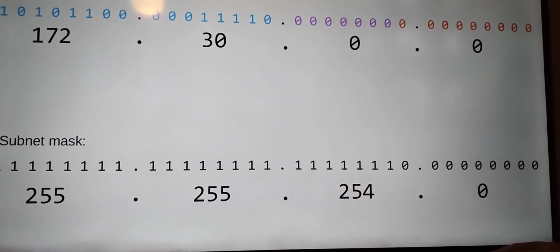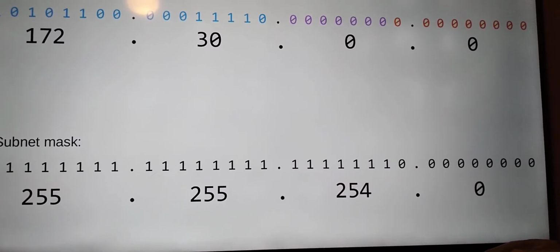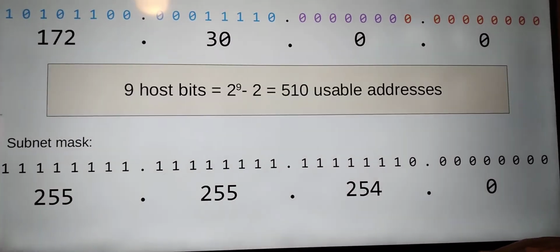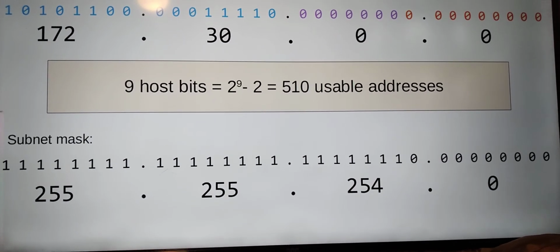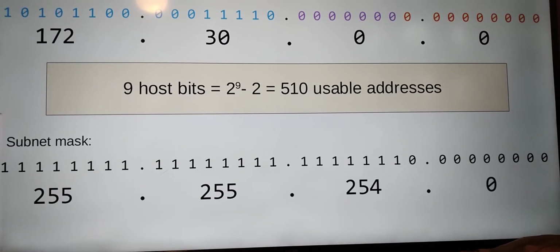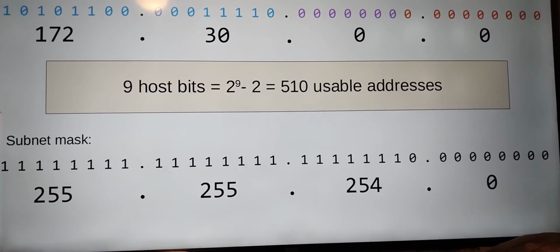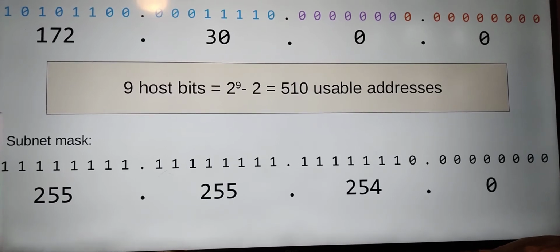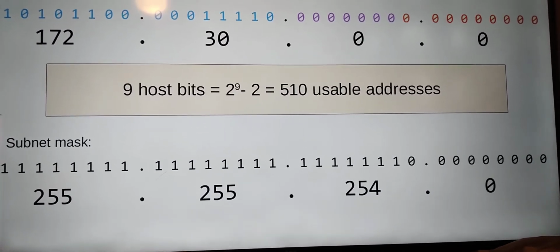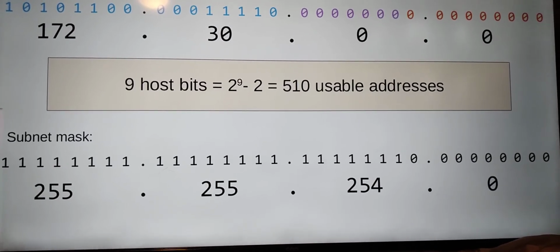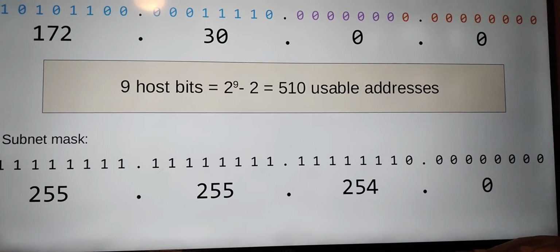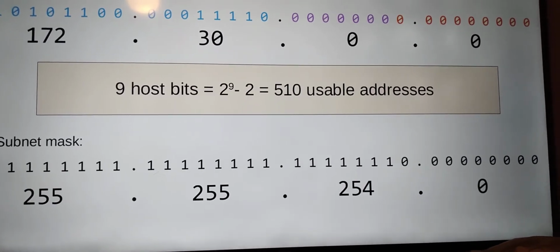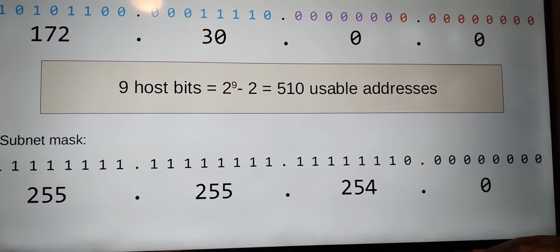We go back to the borrowed bits and we use 2 raised to the 9th power, which gives us 512. 9 host bits equals 2 to the 9th power minus 2, because you have to minus 2, one for the network and one for the direct broadcast addresses, which is way more than enough. 510 usable addresses.